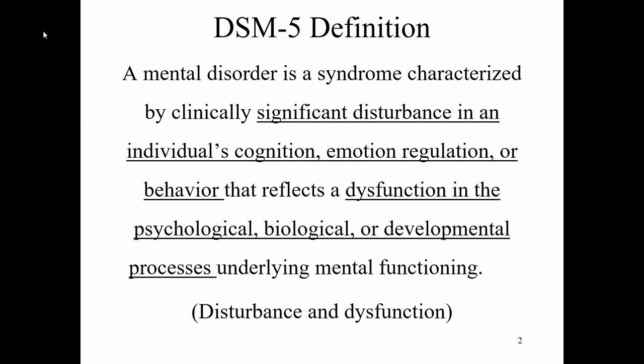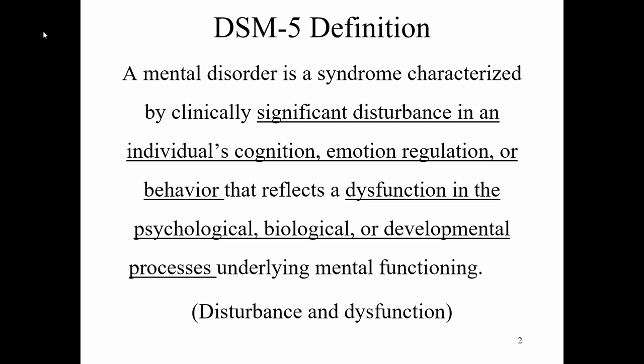DSM-5 is the Diagnostic and Statistical Manual of Mental Disorders, the diagnostic tool that is used by mental health professionals to determine if an individual has a particular disorder, as well as DSM also contains considerable information about those disorders.